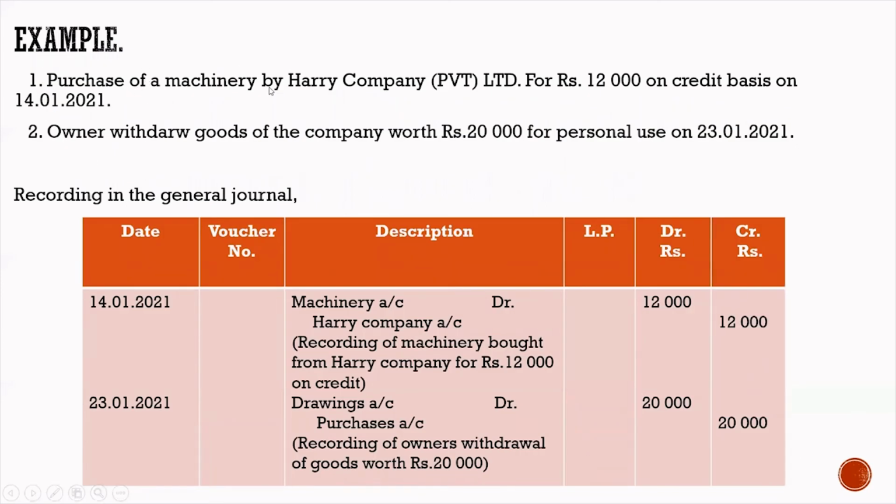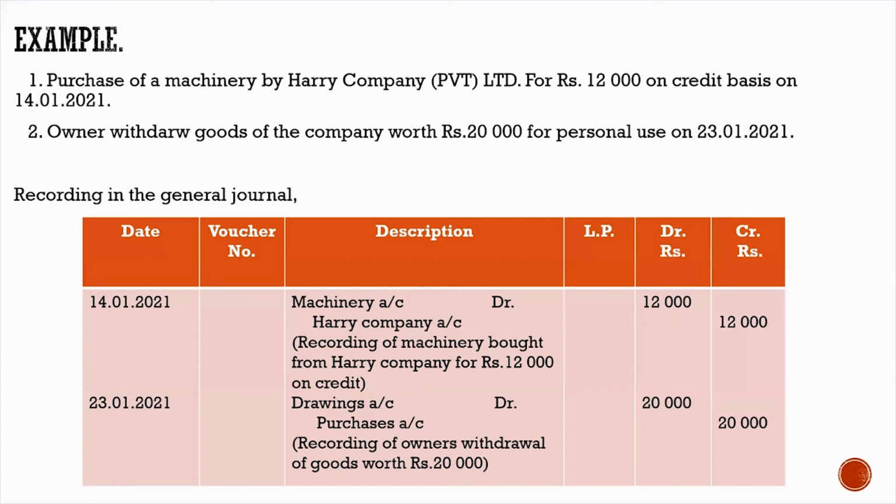Now look at this example. Purchase of a machinery by Harris Companies Private Limited for rupees 12,000 on credit basis. So Harry has bought a machinery on credit, right? Imagine we are the ones who have bought the machinery and Harry is the one who sold us. He's our creditor, right?